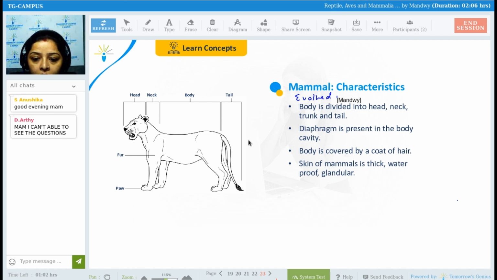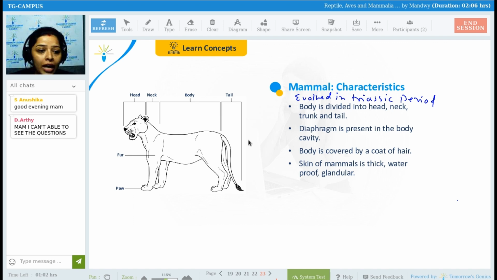Triassic period of what? Mesozoic era. This Mesozoic era is also considered the golden era of mammals.